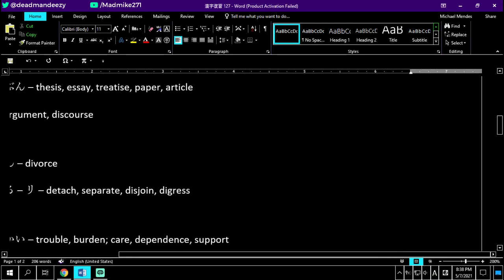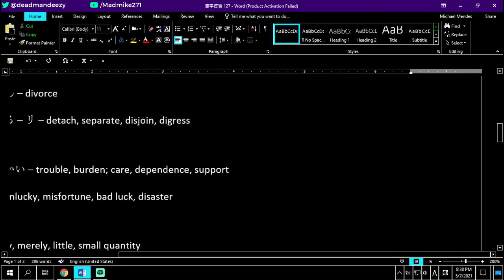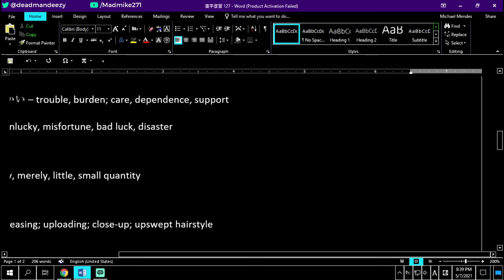Next is 離婚する. 離婚. Separation of marriage. To trouble, a burden, a care, dependence, or support is yakai. Troublesome. Jamming in. Mediation.